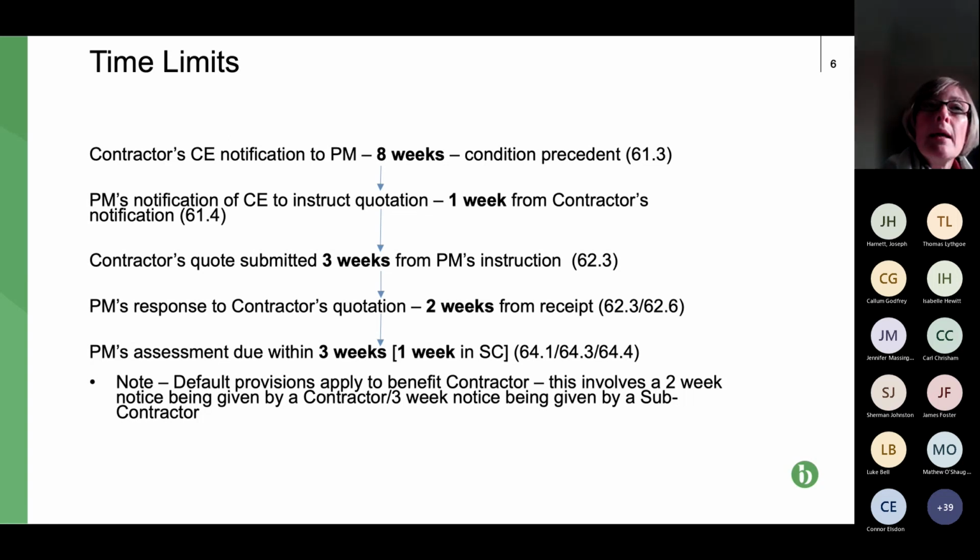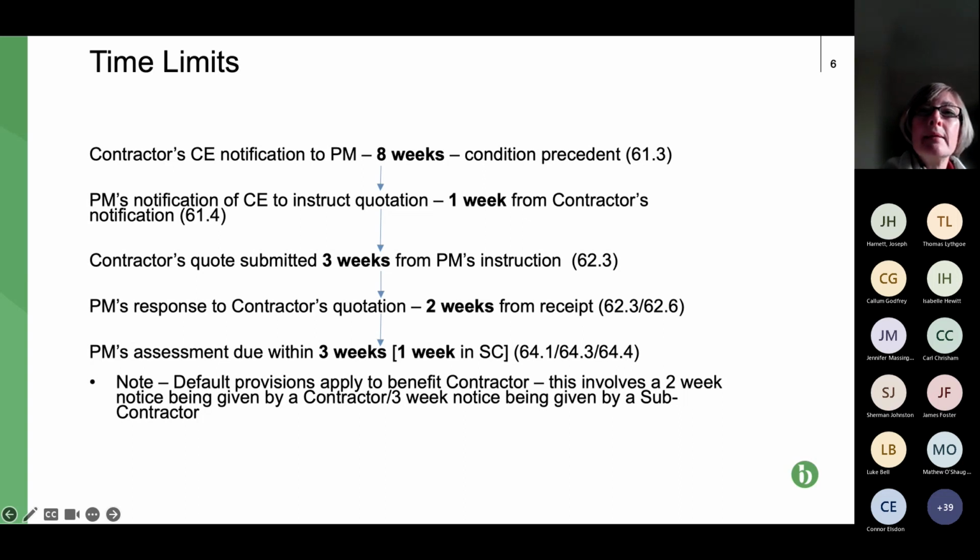So what is the timescale for that? Well, it's due within 3 weeks of the last deadline. So within the project manager's notification to the contractor that it is going to make its own assessment. And that's 1 week in a subcontract. So that very, very roughly is the process.